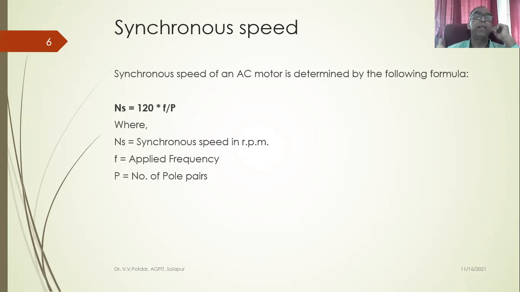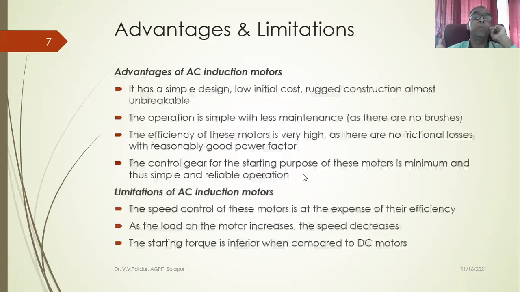Right? So 1500 RPM is the synchronous speed. Likewise, depending on number of pole pairs and the frequency of supply voltage, I can find out what is the synchronous speed of an AC motor.